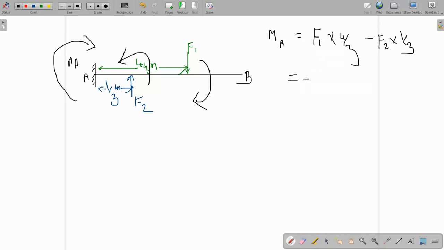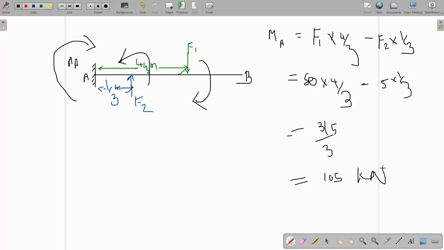So F1 is 80 kilonewton into 4 by 3 minus F2, which is 5 kilonewton into 1 by 3. When you solve this in your calculator, you will get 315 divided by 3, which is 105 kilonewton meter.